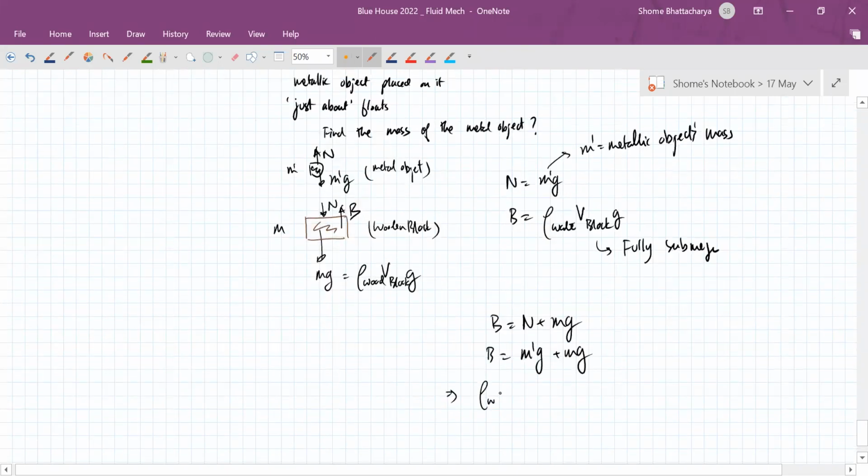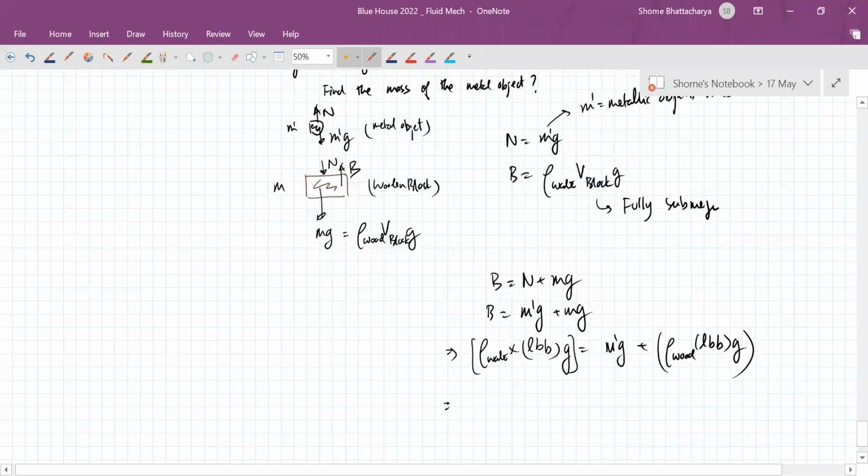So density of water into this is equal to M prime g plus density of wood into this. So M prime, the mass of that metallic object, is the difference of their densities into the volume.